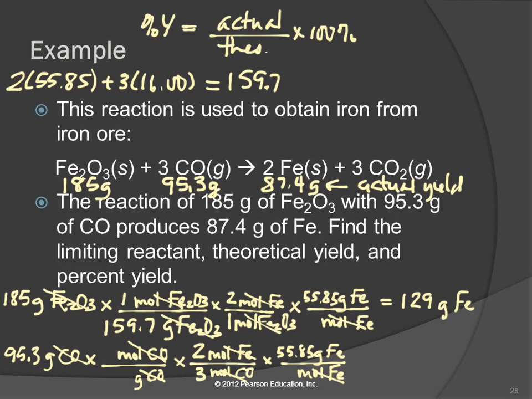Then the first term, we need to calculate the molar mass of carbon monoxide. At least that one's pretty small. Carbon is 12.01 and oxygen is 16.